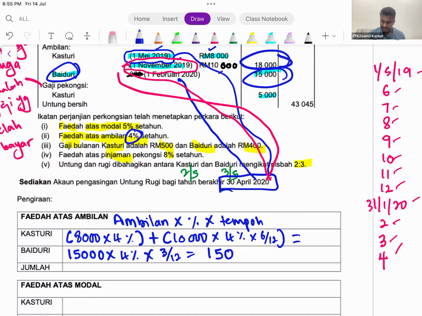Oh, just now you correct. 520 plus with 150, 670. You must total up, and later we need to use this total.